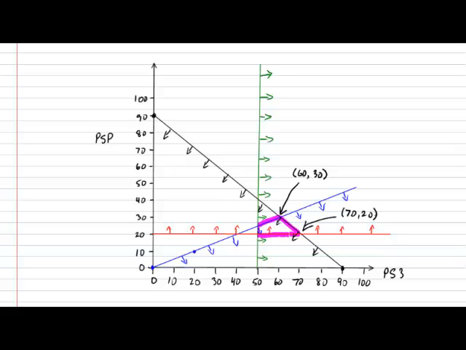The third vertex of this polygon occurs right here, and if you drew your graphs properly, that coordinate corresponds to 50 and 20. The final vertex of this polygon is located right here, and again, if you drew it properly, that corresponds to 50 and 25. As you can imagine, if you get even one line wrong, it will affect many of your results.